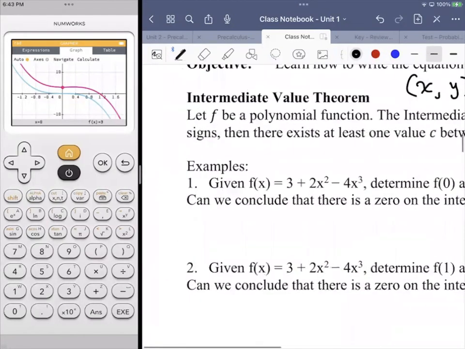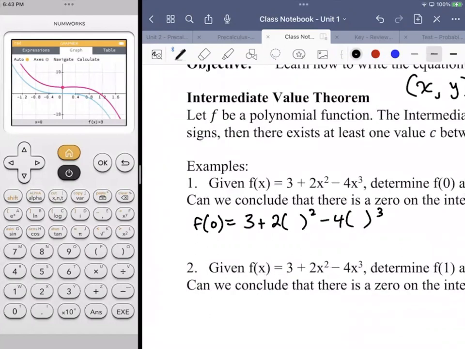So f of 0 is what you would get if you plugged a 0 into the function and use that to figure out what the y value would be at that location. It's going to give you a set of coordinates. All right.